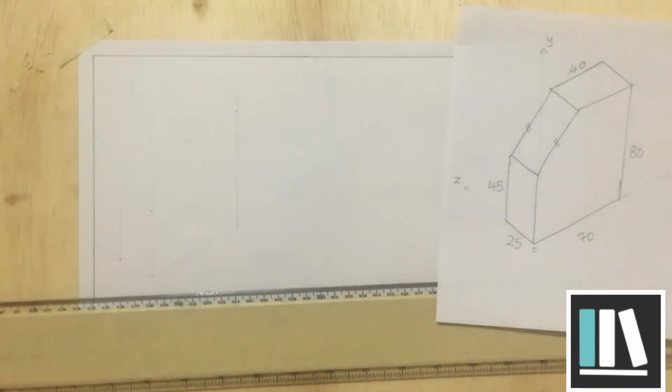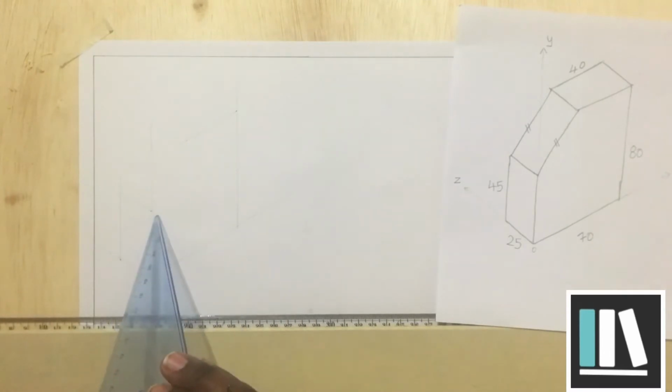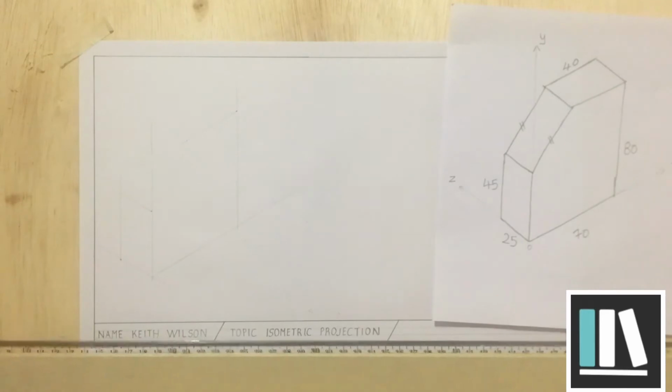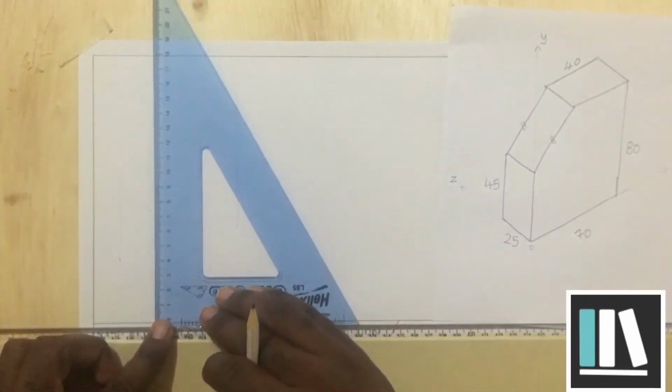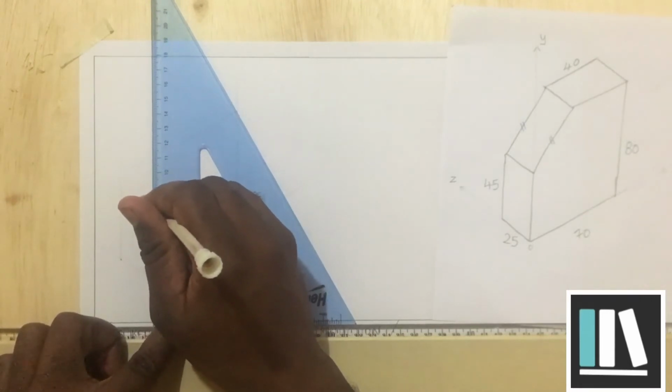So what you notice is that this point is connecting to this point. I'm going to brighten what I've done so far so that you can more clearly see what I am saying.